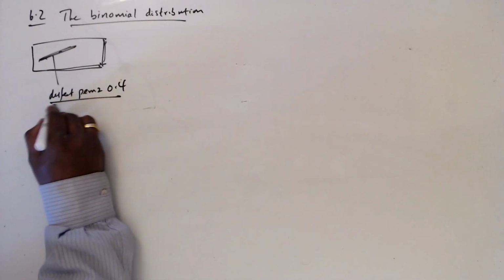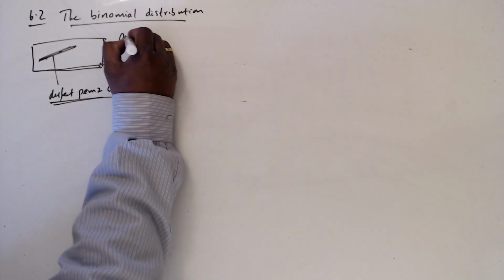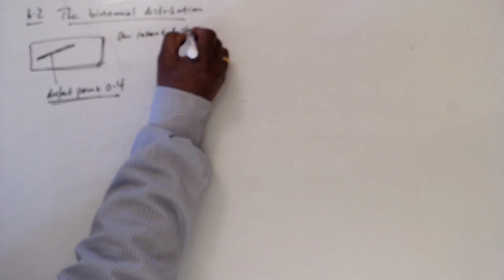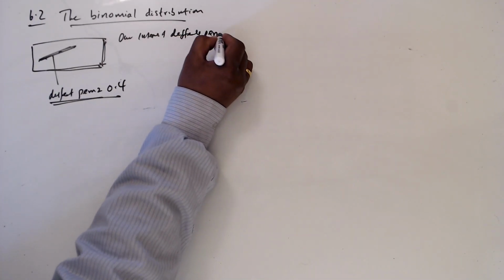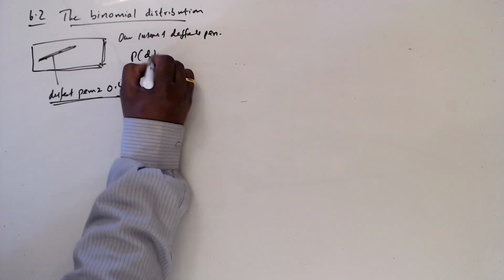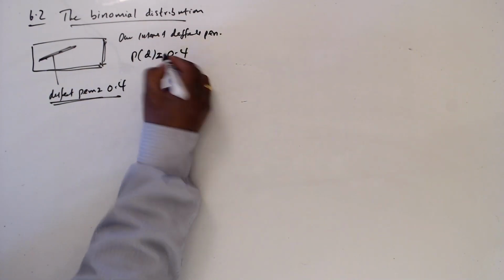So our interest is defective pen. Then the probability of defective is 0.4.